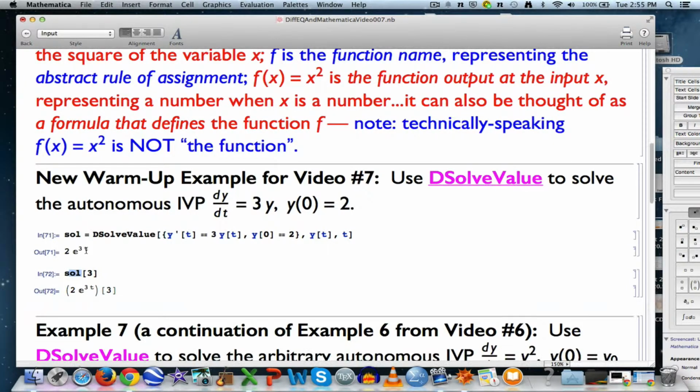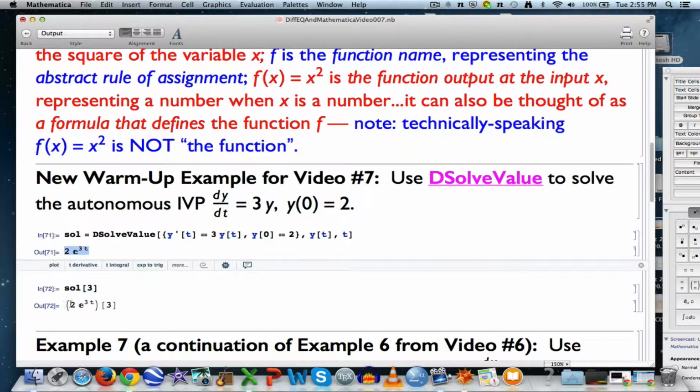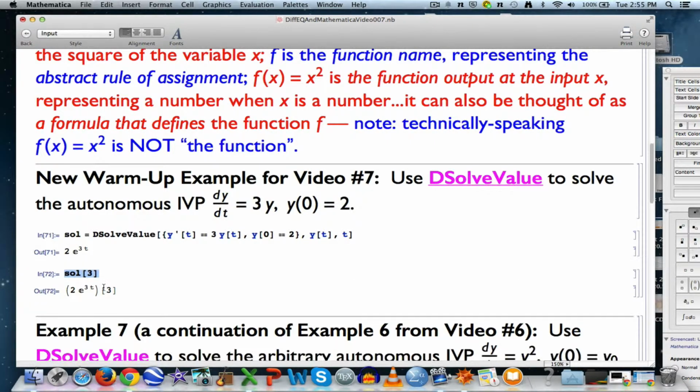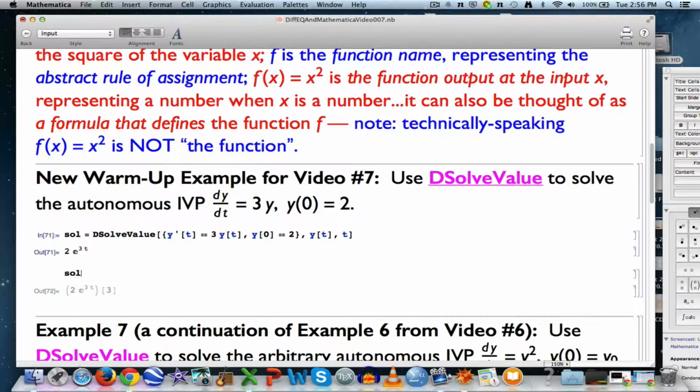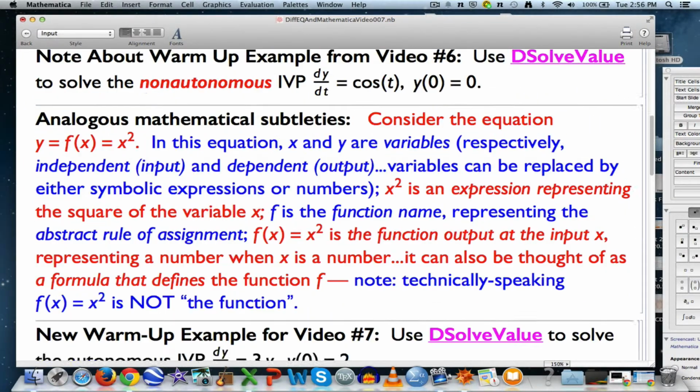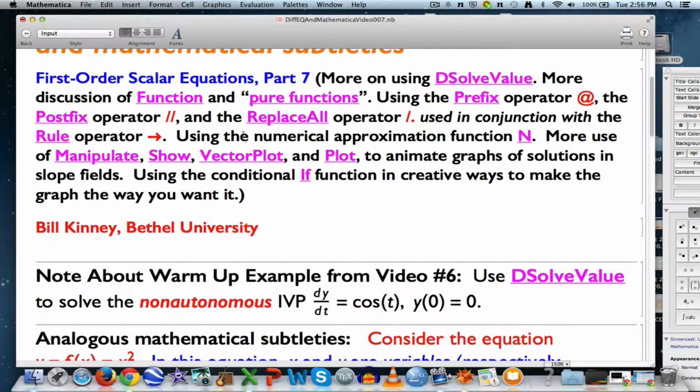Sol represents this expression here, and so we're not getting what you would want to get by doing this. You're not getting 2e to the 3 times 3, 2e to the 9th. You're getting this expression somehow evaluated at 3, which Mathematica doesn't know what to do with, really. Is there a way to plug in the number 3 into this? Yes, you can use this slash dot operator, ReplaceAll, in conjunction with the rule operator.